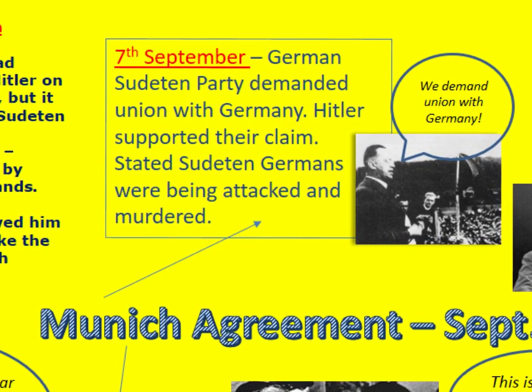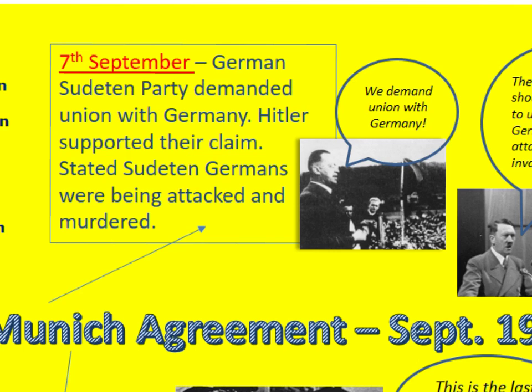Now, as it says in this box, the German Sudeten Party, represented by these guys in this picture here, demanded union with Germany.